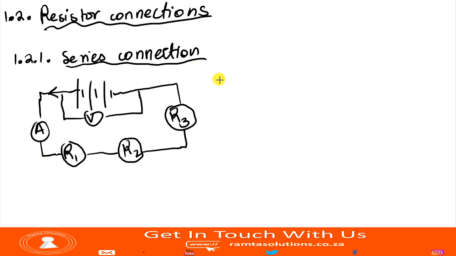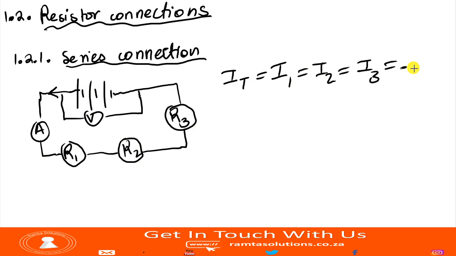So the total current, which flows from the battery, will be equal to the current flowing in resistor 1, equal to the current flowing in resistor 2, equal to the current flowing in resistor 3, and so on if you have more than 3 resistors.